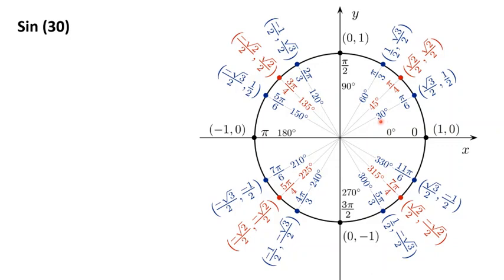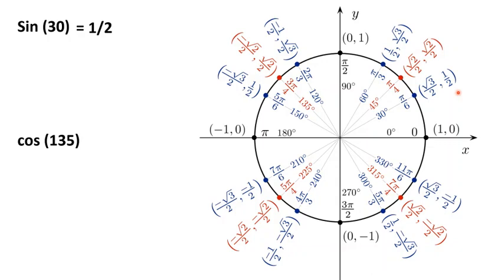Ito po yung coordinates ng 30 degrees. Now, ang given natin is sine, so we just have to look for the y coordinate since sine theta is equal to y. So ang coordinates po ng 30 degrees is square root of 3 over 2 and then 1/2. Now, sine 30 degrees is equal to 1/2 since ang sine theta nga is the y coordinate. Okay?